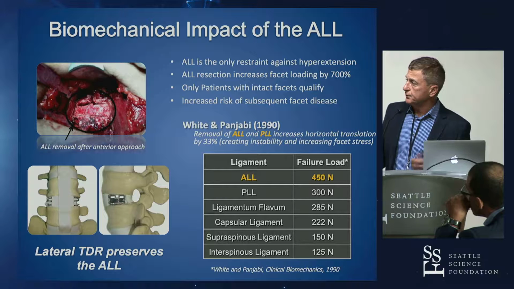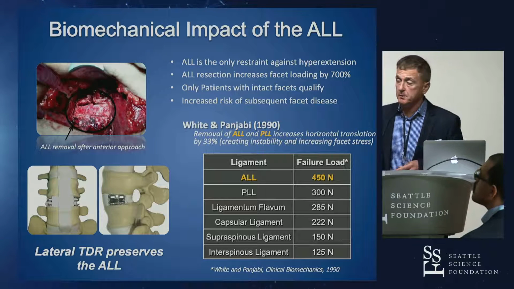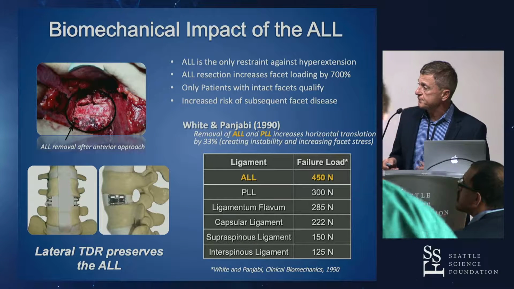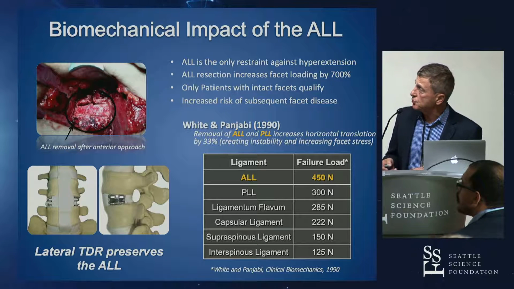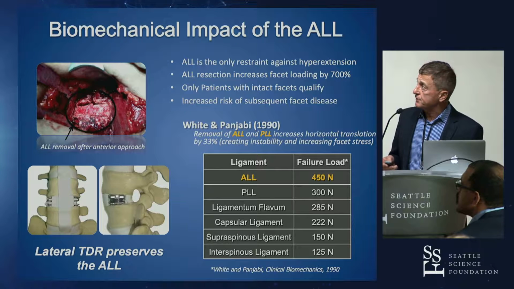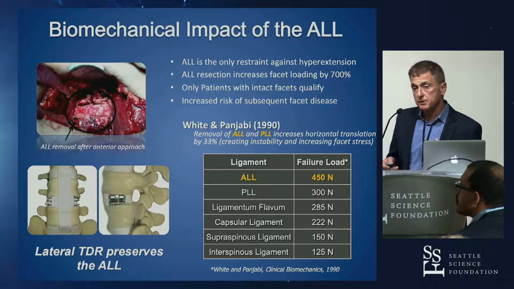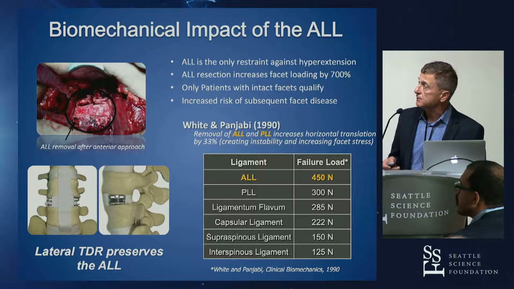So what does the ALL do? Well, undoubtedly, it's the strongest ligament in the spine. Failure load is 450 newtons compared to, let's say, capsular ligament or ligamentum flavum, which are in the 200s. So the ALL restrains hyperextension. There are studies that show that if you resect the ALL, you increase your facet load by 700%.